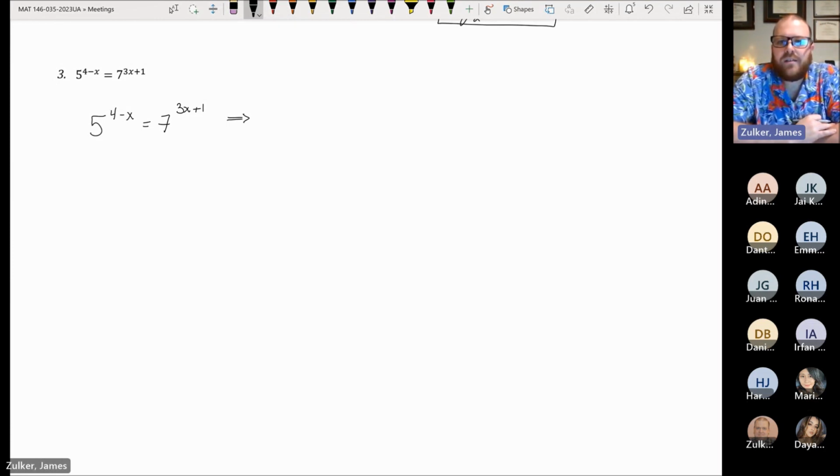Well, undoing exponential, you still use a logarithm. But since we're dealing with different bases, the question is, which base logarithm should we use?